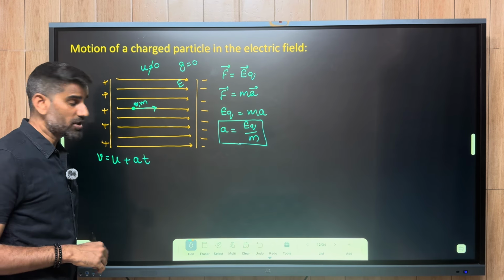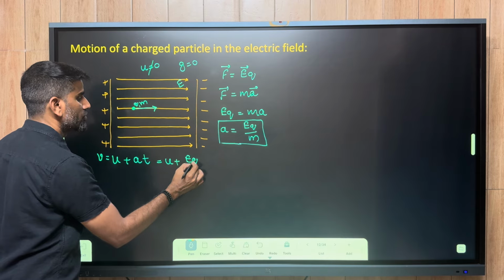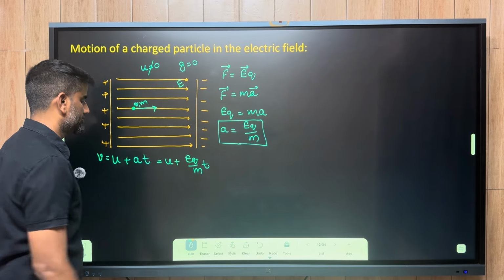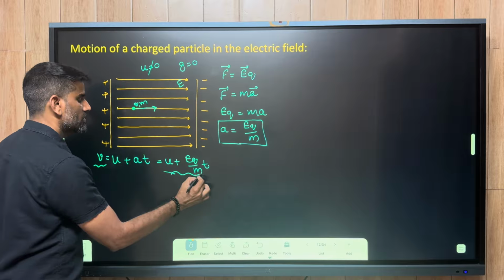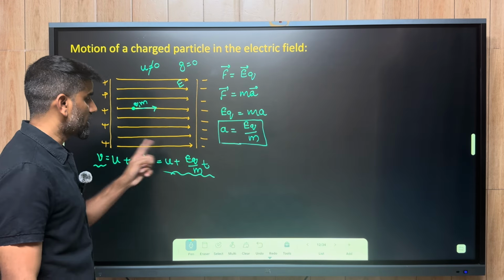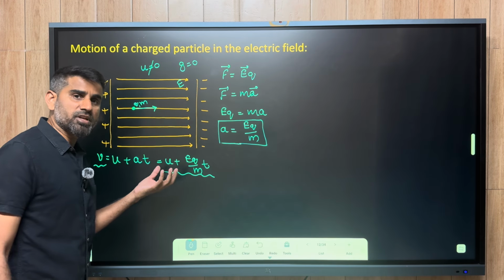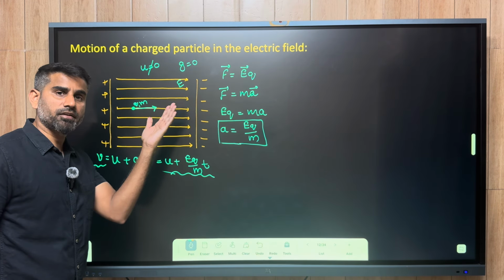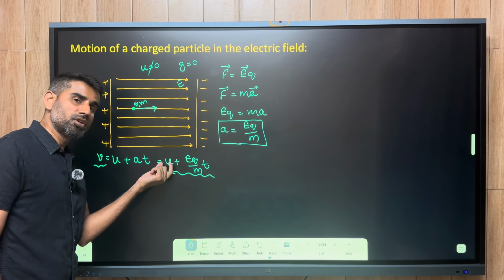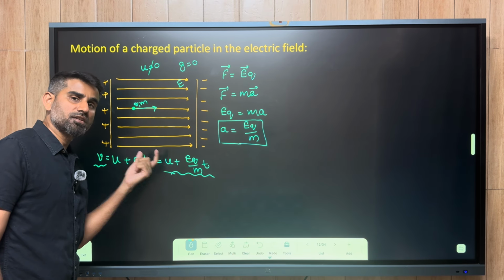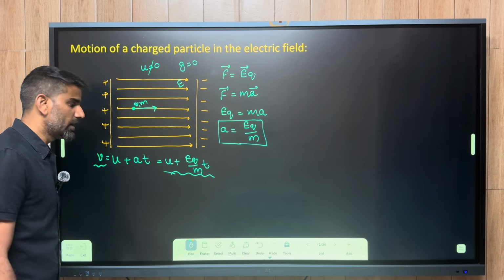Eq by m is in the same direction, so v is equal to u plus Eq by m into t. So this is the velocity of the charged particle after some time t. There is not much difference between the earlier equations and these equations. There is only one difference, that is, this initial velocity is already there.